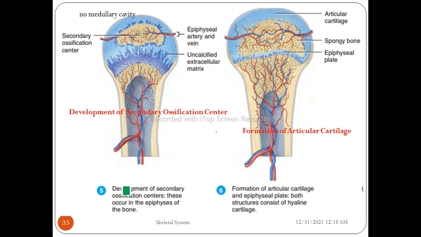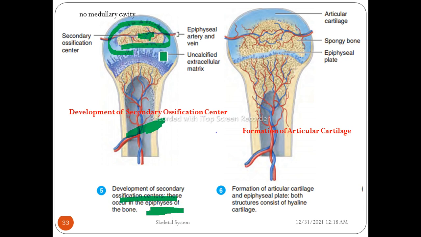So the development of the secondary ossification center occurs in the epiphysis. By the way, the primary ossification center is formed in the diaphysis, whereas the secondary ossification center is formed in the epiphysis region. Since the primary ossification center has ended, the secondary ossification center is formed on this epiphysis region.